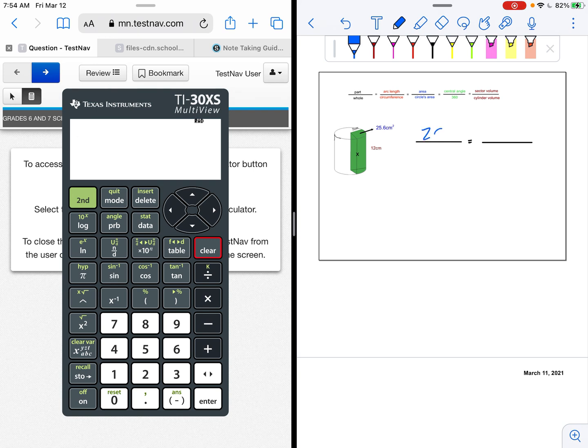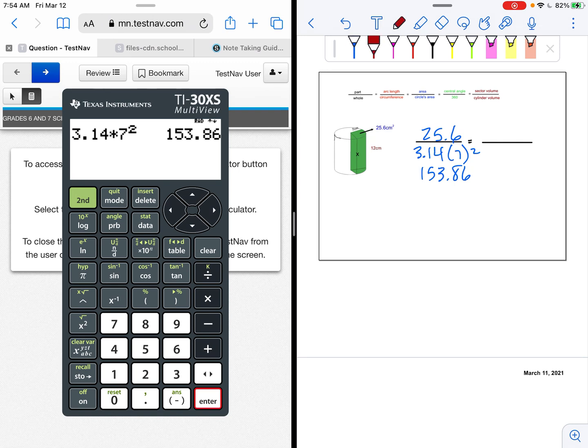We know the sector area is 25.6, and we can find the circle area because I gave you radius, so we're going to do 3.14 times 7 squared, and we come over to our calculator, 3.14 times 7 squared. And this becomes 153.86.